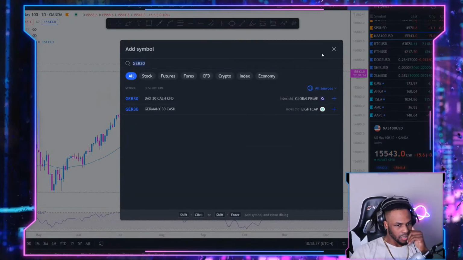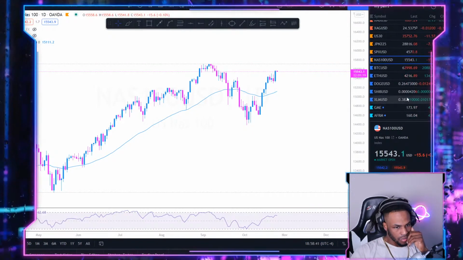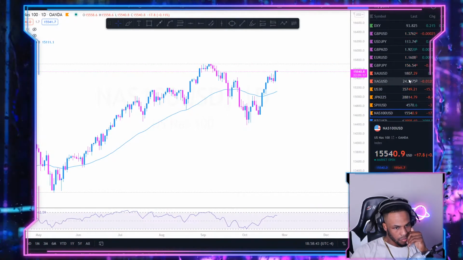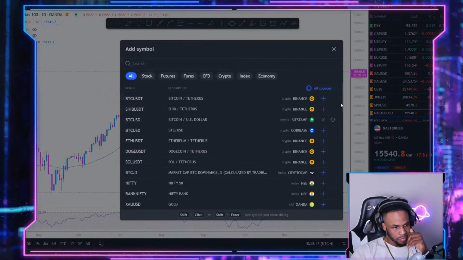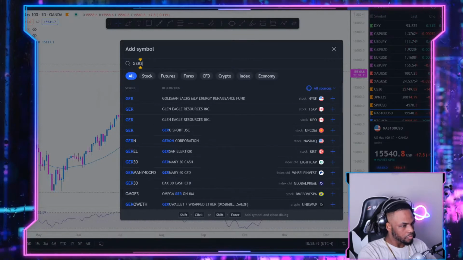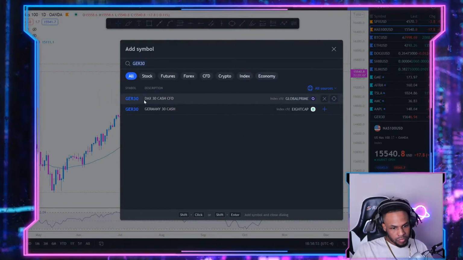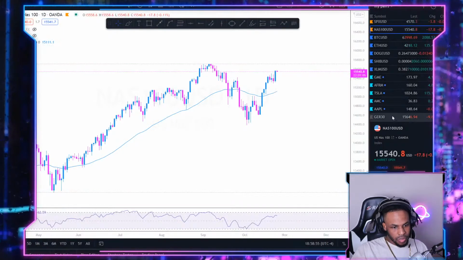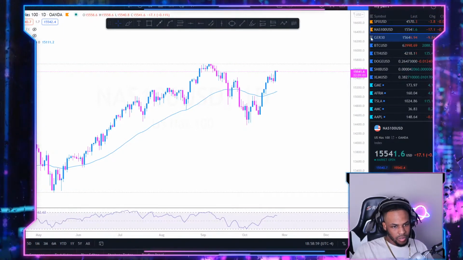Let me see if I can get 2 charts up at the same time. Where did it go? Oh, there it is. All right. All my indices are orange.